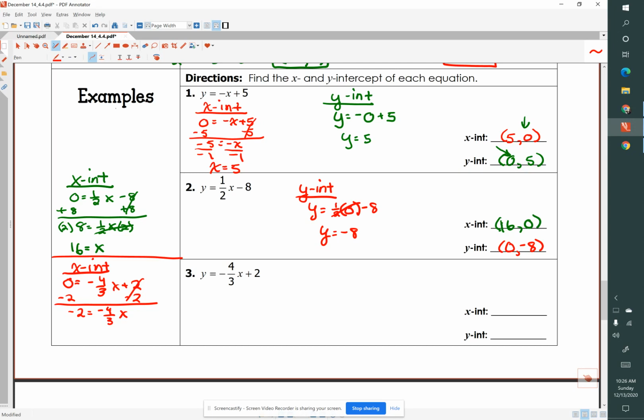If we multiply both sides by the reciprocal of 4/3, negative 3/4, this and this cancel, and we end up with x equals 3/2, and it will be positive because a negative times a negative is a positive. So our x-intercept is 3/2, 0.